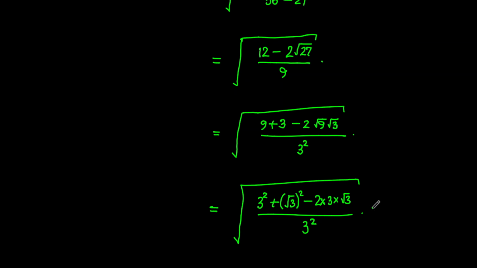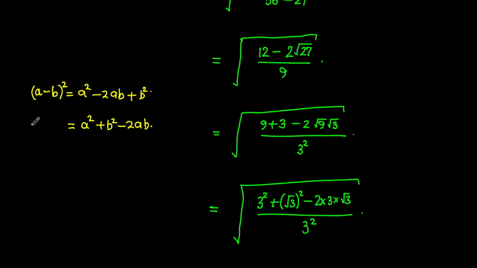Now, having reached this stage, we have to also see something here that can help us bring some identity. Since we have something like square and square here, let's gather these square terms together, and we have a square plus b square minus 2ab.